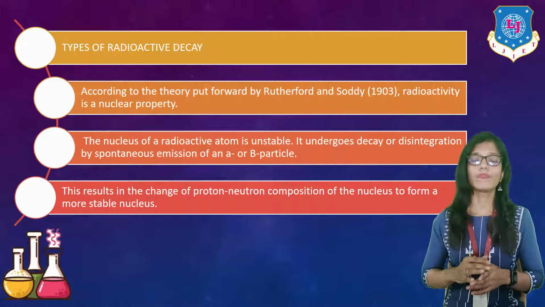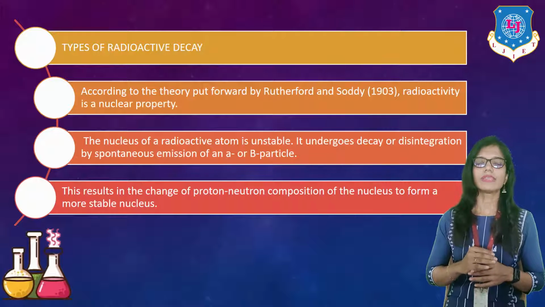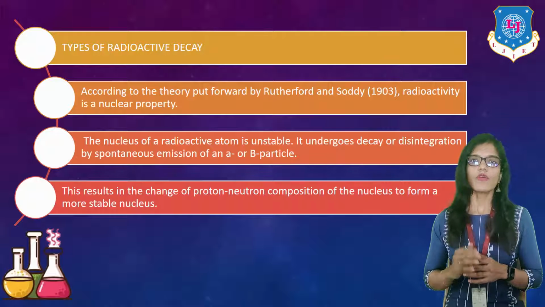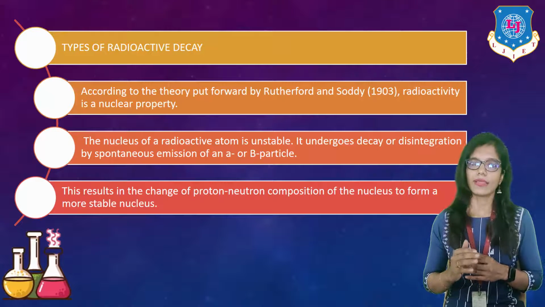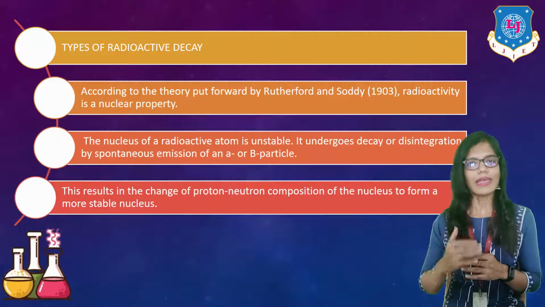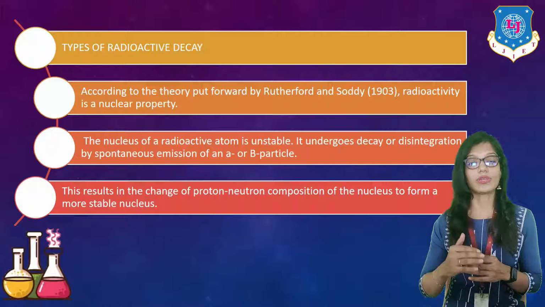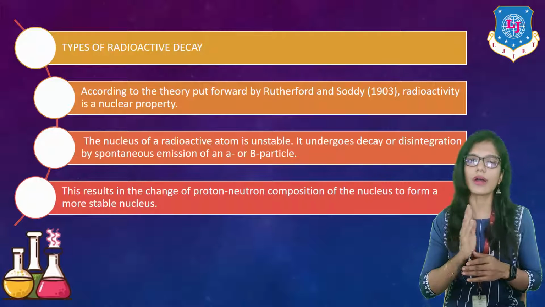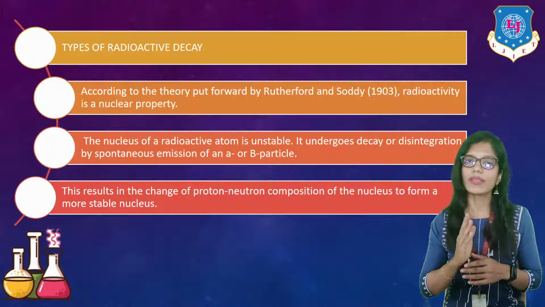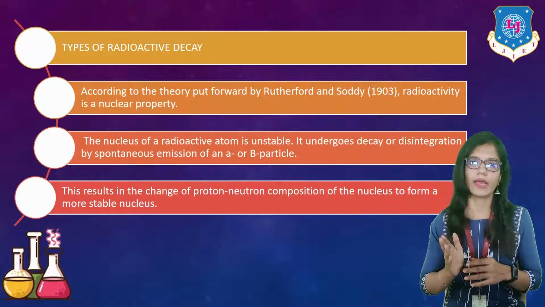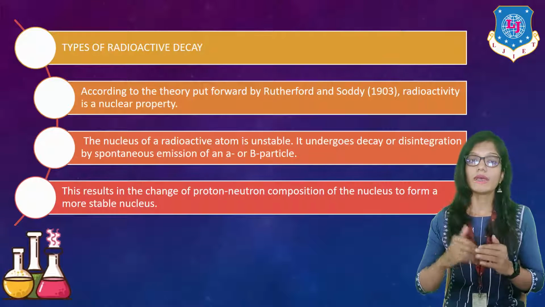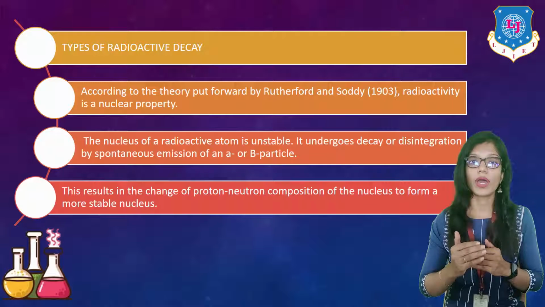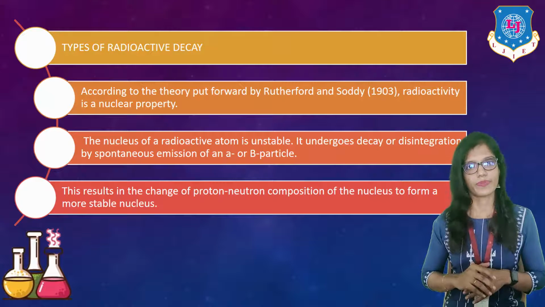So here what it means is basically the types of radioactive decay. When any substance changes its identity, that is, a change in proton or neutron or a change in the nucleus occurs, at that time it will release certain radioactive radiations.